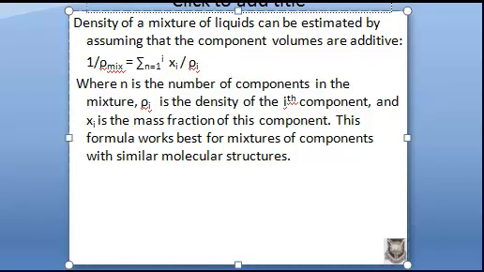In the formula, N is the number of components in the mixture, while rho i is the density of the ith component, and Xi is the mass fraction of this component. This formula works best for mixtures of components with similar molecular structures.